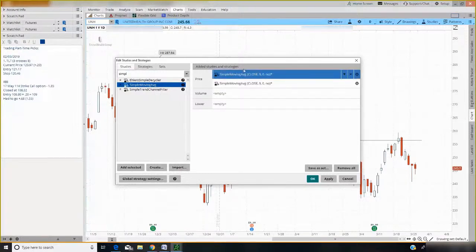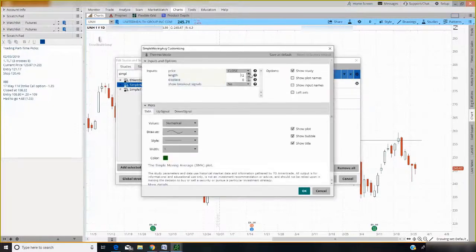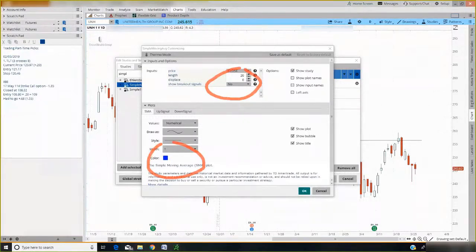The first one that we're going to do, we're going to edit it, and you're going to make it the 20 simple moving average, and it's going to be blue. I like to do blue. So the 20 simple. You can do this on any of your broker platforms, okay, guys? I'm making mine blue.